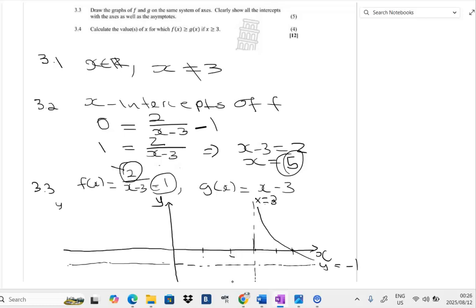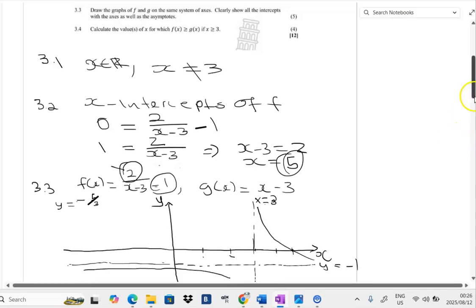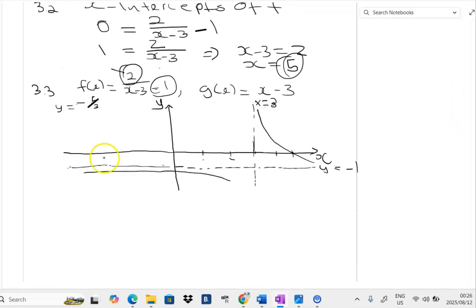The y-intercept, when x is equal to 0, is going to be negative 5 over 3. So now we're going to have something like this.